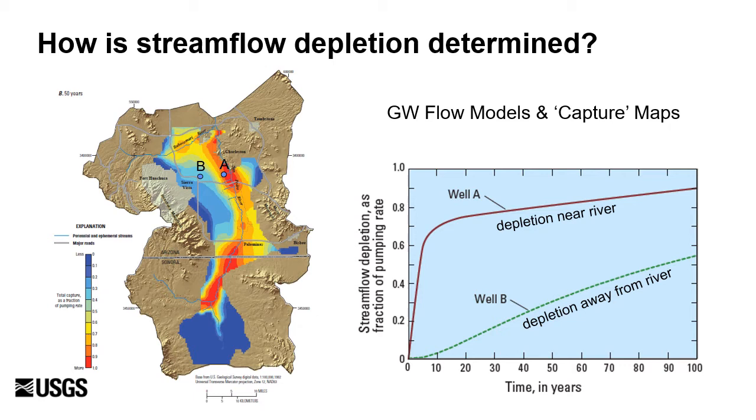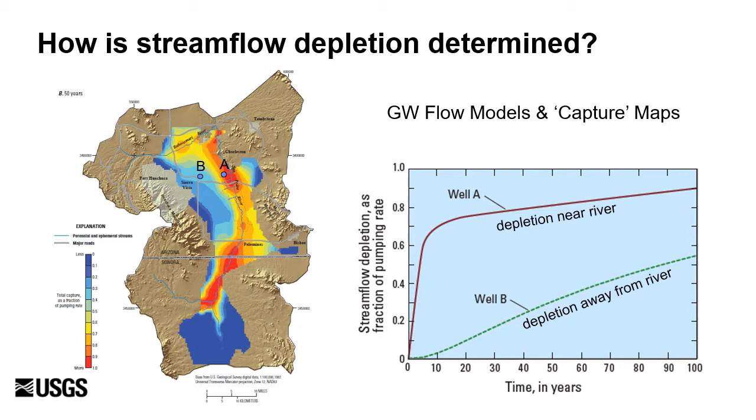For many instances, groundwater flow models are really the only option, or the best option, for determining stream flow depletion, because groundwater flow models allow for complex boundary geometries as well as varying aquifer properties, which are generally determined through the process of model calibration.